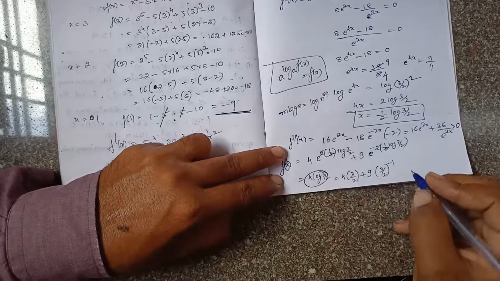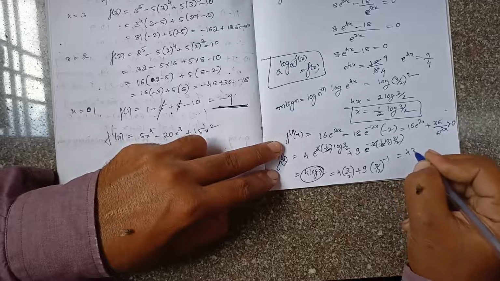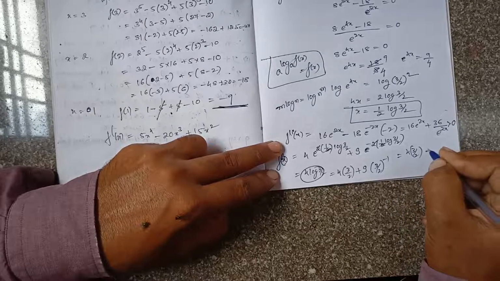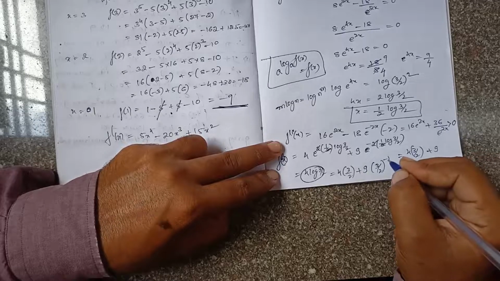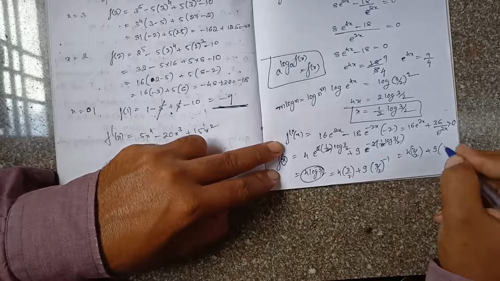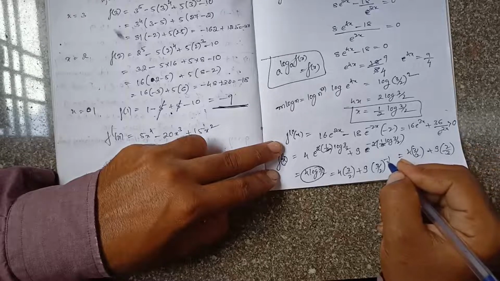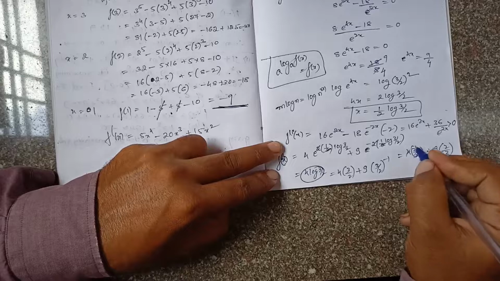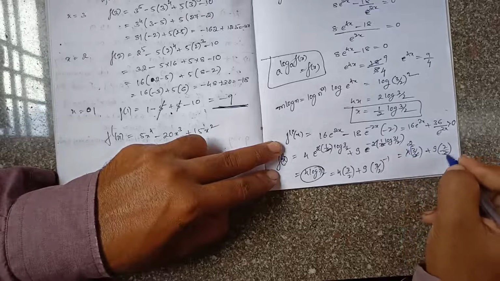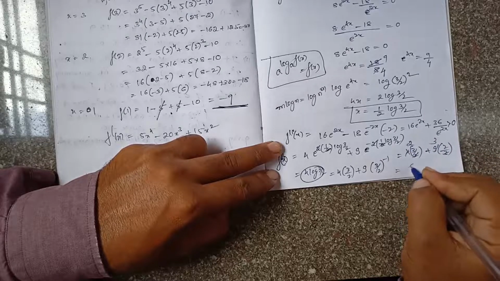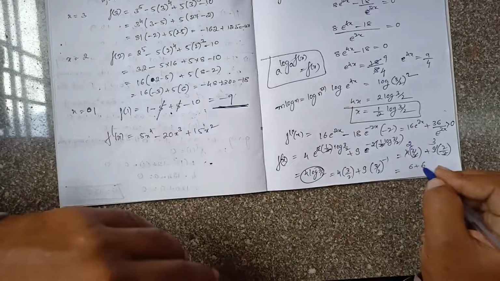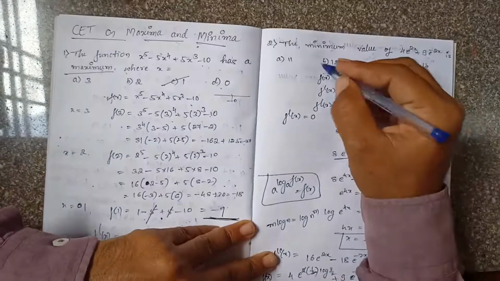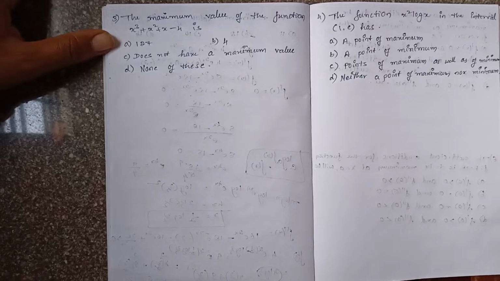Again this formula applies here. 4 × 3/2 plus 9 × ... minus is there. If you interchange numerator and denominator, the sign of the power changes. 2 ones are 2, 2 twos are 4... that is 6, plus 3 × 2 is 6. 6 plus 6 is equal to 12. So option B is correct.